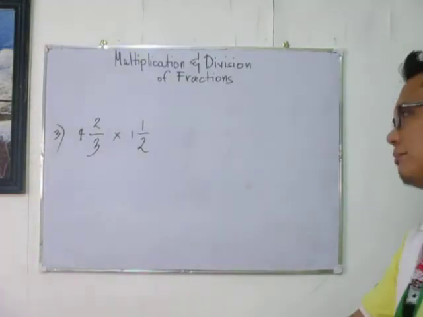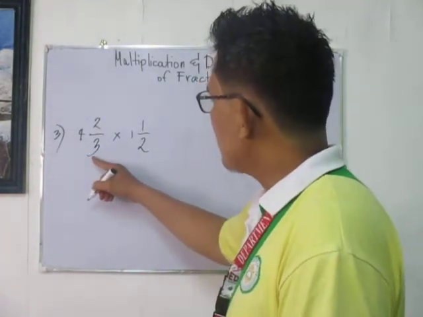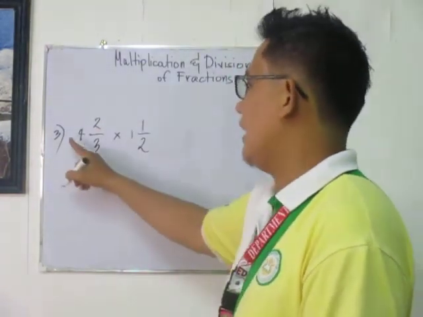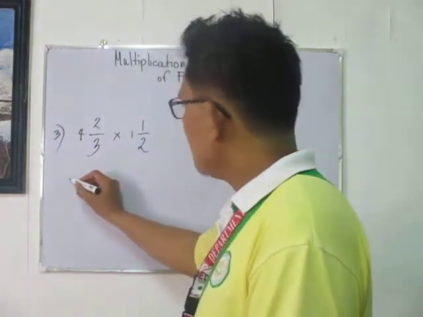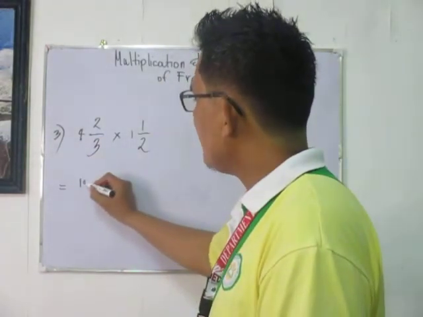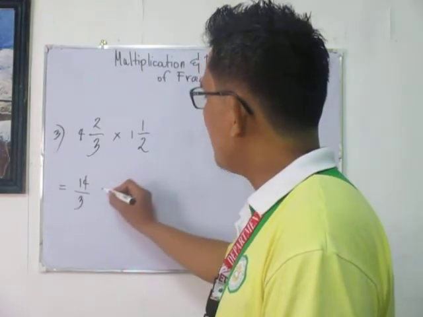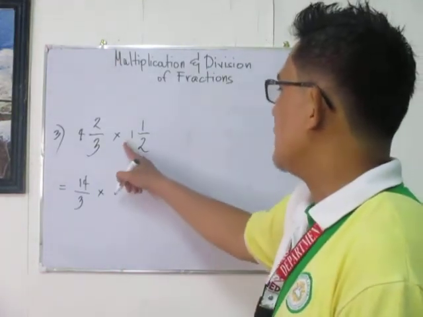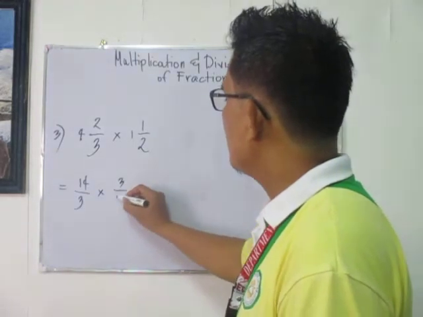Again, for mixed numbers, change them into improper fractions. 4 times 3 is 12, plus 2 becomes 14. Then always copy your denominator. Copy your operation, multiplication. This one, change it into an improper fraction: 3 over 2.